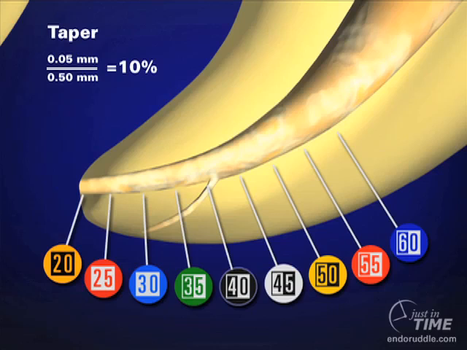So we're dividing 1/2 millimeter into the D0 change in diameter between successively larger files, and between a 10 and a 60, all ISO files get bigger by 0.05 at D0. So if you divide 0.5 into 0.05, you can see that we're using 3 instruments to get 10% shape. Again, we can get more shape than the finisher would suggest because we're brushing with the shapers.